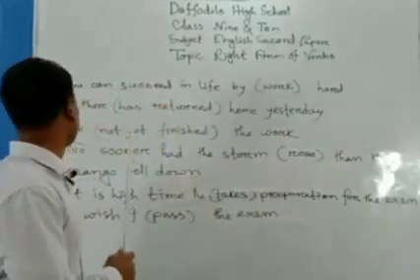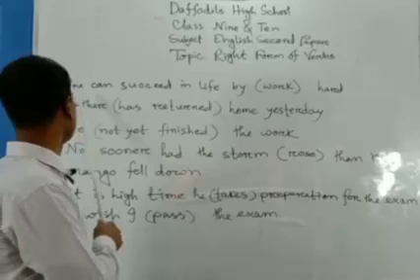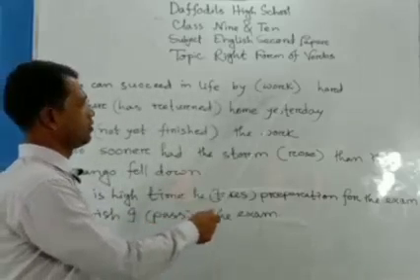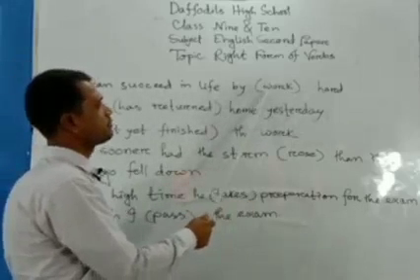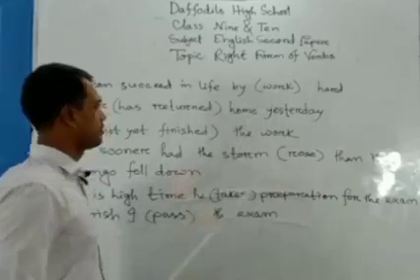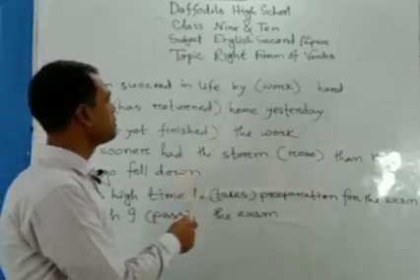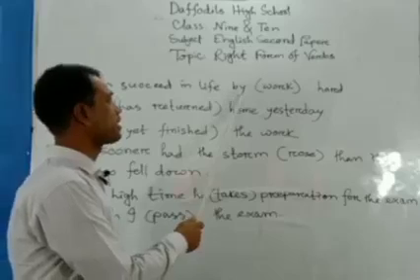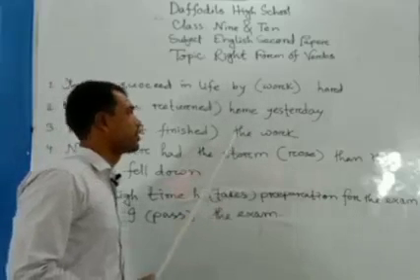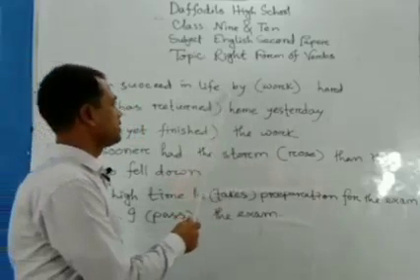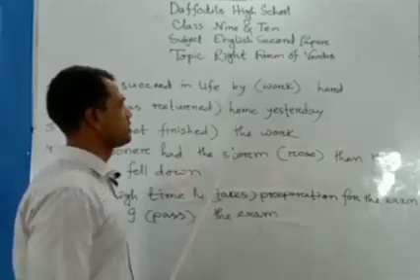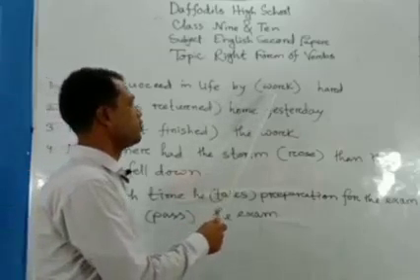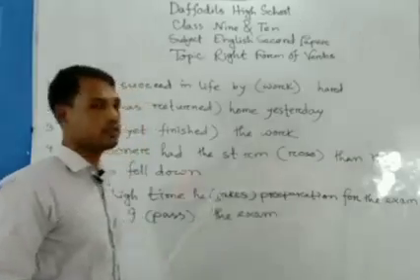Here, the first sentence, you can see: you can succeed in life by work hard. This pattern of verb is incorrect because a preposition, by, has taken a place before this verb. As a preposition is existing before this verb, it will take ing with it.